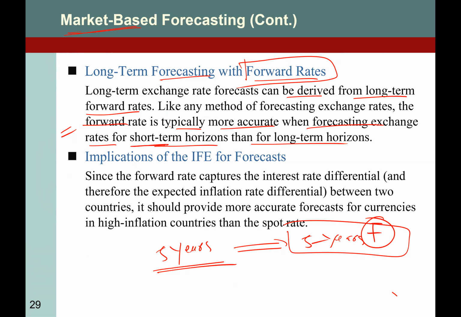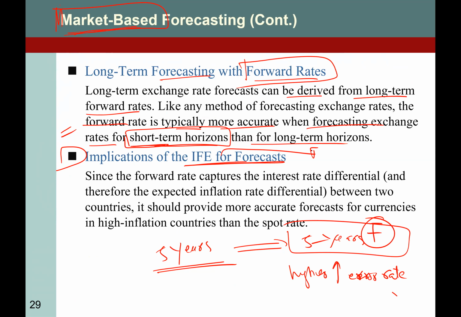So long-term forecasting has a higher margin of error. If the forward rates are used for the short term, then the analysis is more accurate, right? And now the question is whether the IFE can be implemented in market-based forecasting, because this concept is fundamental.